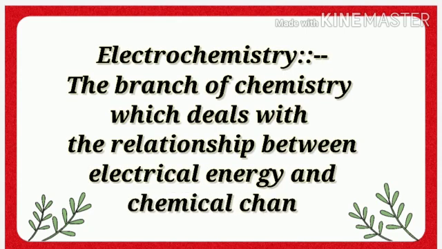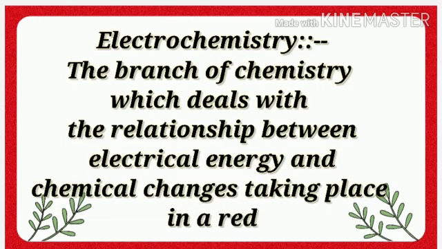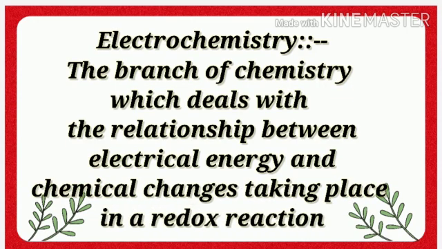Or simply, how chemical energy produced in a redox reaction can be converted into electrical energy, or how electrical energy can be used to bring about a redox reaction which is otherwise a non-spontaneous process.